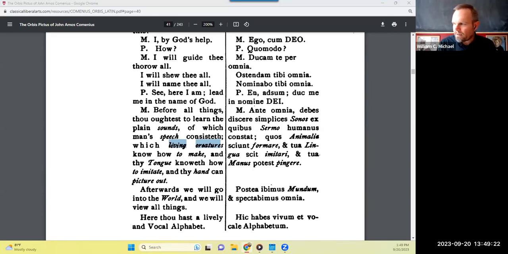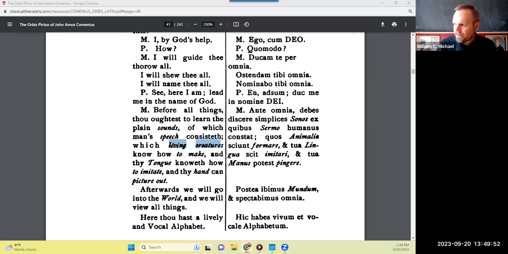Who knows what anima means? Soul. Good, Lara. So an animal is said to be a creature that has a soul, right? So even wild animals like horses and dogs and cows were said to have a certain kind of soul, not the same soul as a human, but a living soul. So living creatures are called animalia because they have souls. They're animated, right?